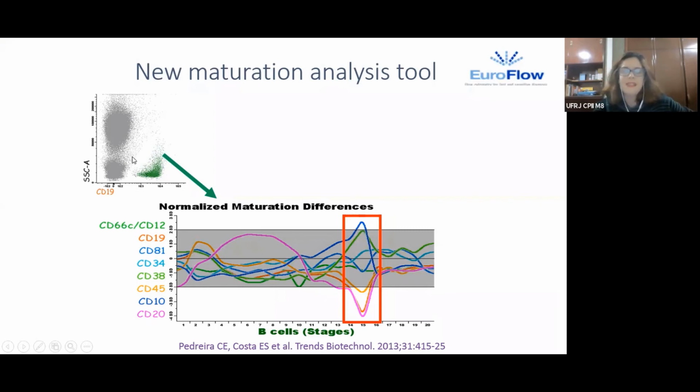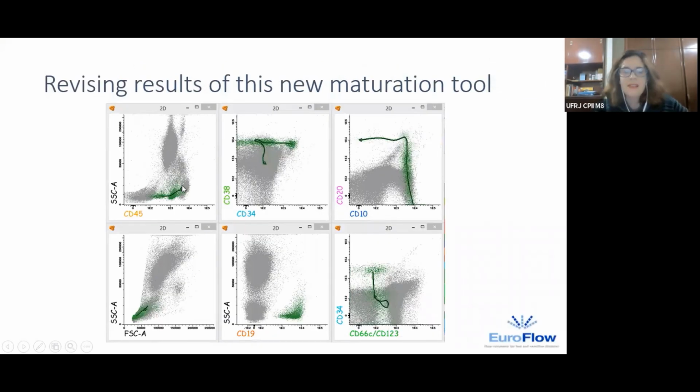For instance, we have here B cells. We can select these B cells with CD19 and compare them directly with this pathway. Now we can see that in this stage we have some markers outside the two standard deviation pathway. So we checked, and the maturation seems quite normal.